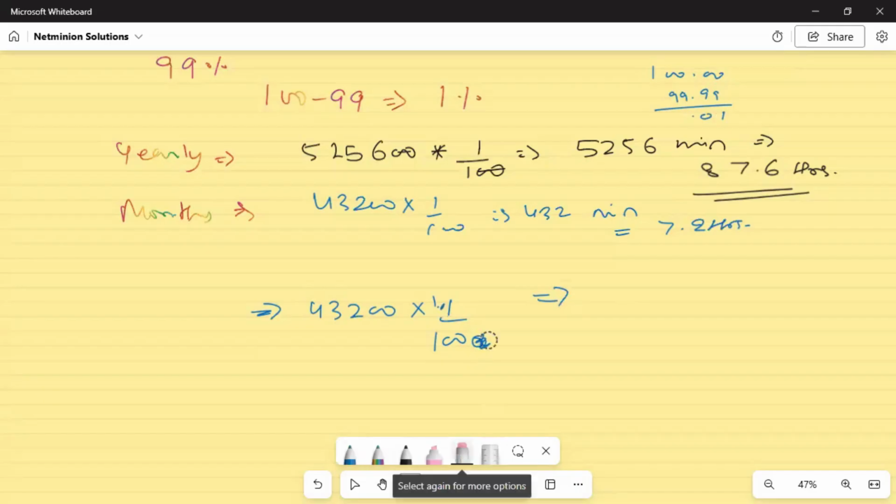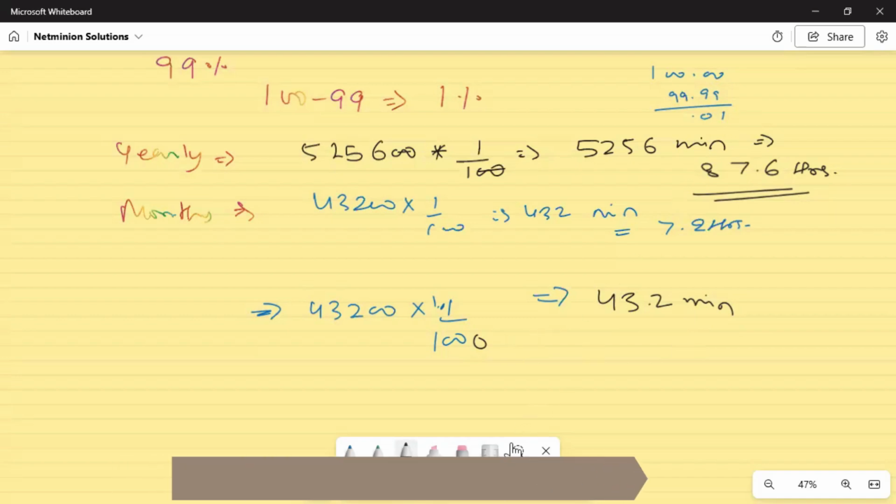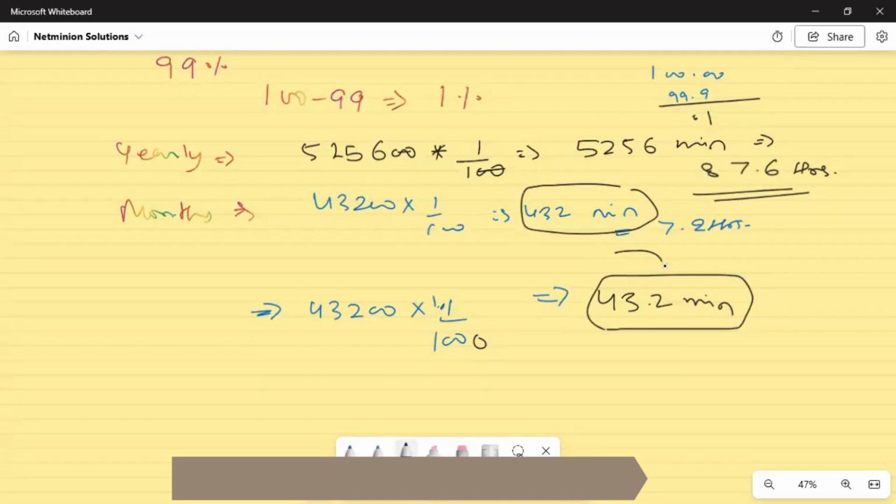Because we are using 99.9%, it will be 43.2 minutes. Earlier it was 432 minutes, and now it is 43.2.